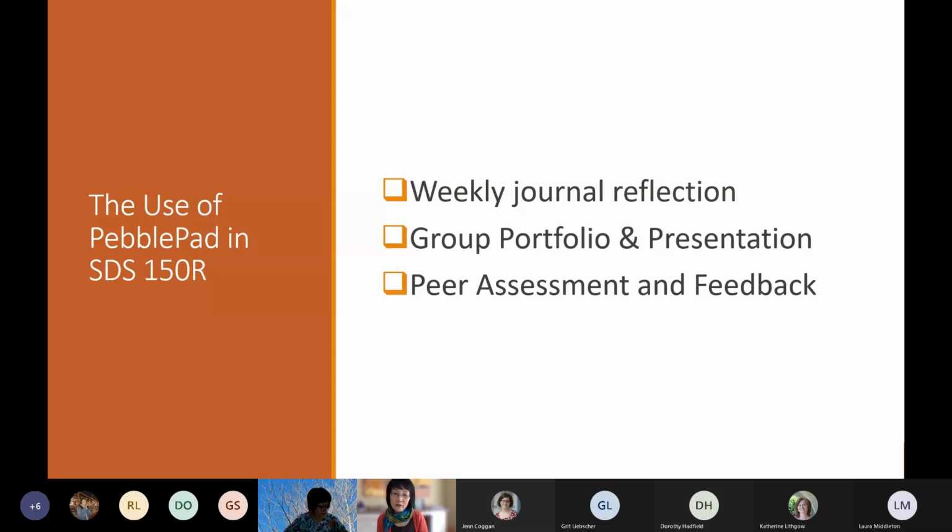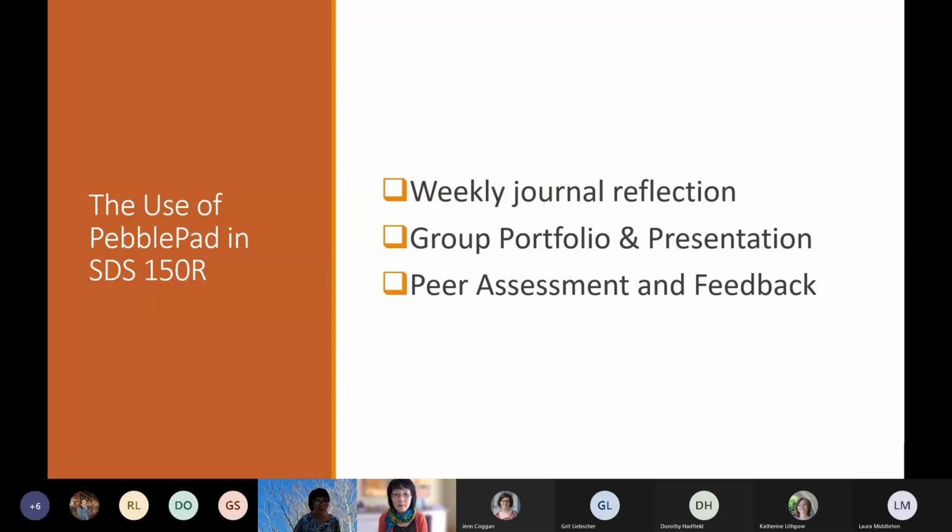So basically, the three components where we effectively used PebblePad were the weekly journal reflection, helping students to engage with the content, and then the group portfolio and presentation, to showcase their work in such a creative, interactive way.